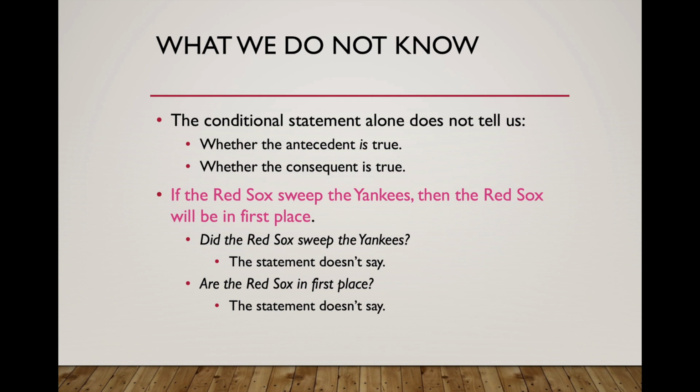Neither do we know whether the Red Sox are in fact in first place. So did the Red Sox sweep the Yankees? The conditional statement itself doesn't tell us that. Are the Red Sox in first place? Again, the conditional statement by itself doesn't tell us that. It only gives us the conditions under which we could conclude with certainty that the Red Sox are in first place.